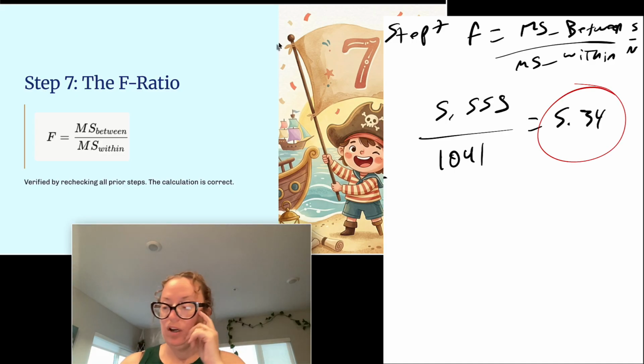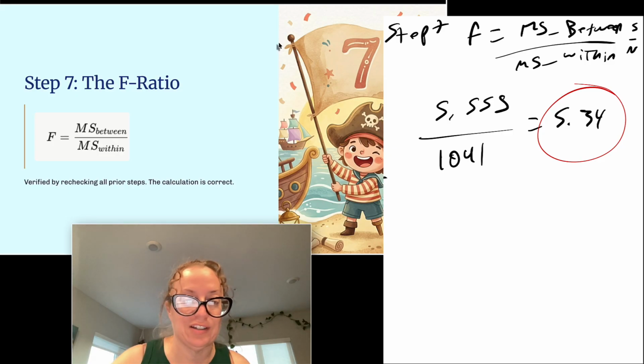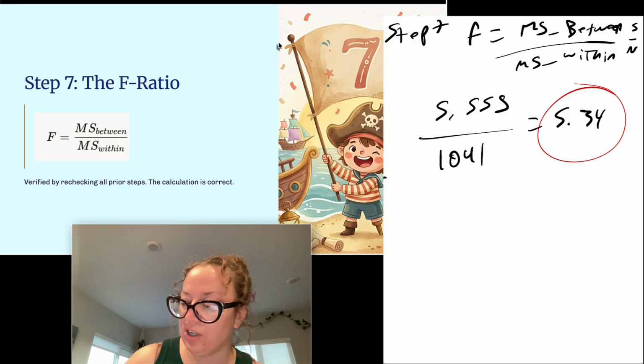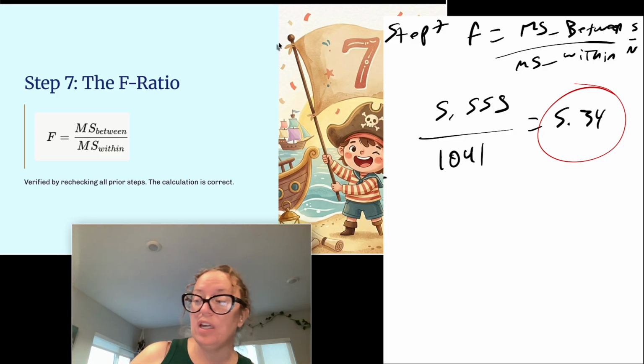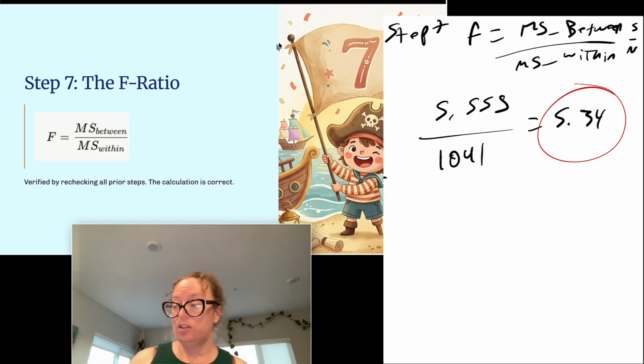Okay, so 5,555 divided by 1,041, 5.34. We've gotten there. Whew. Stresses me out just like it stresses you guys out, okay? So that is the correct calculation, which means that the signal, it's there, okay?